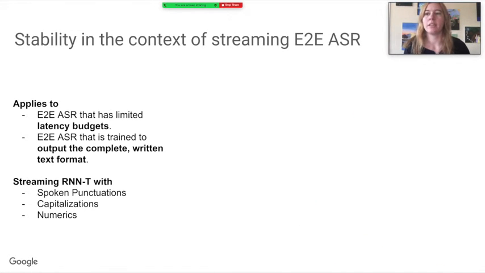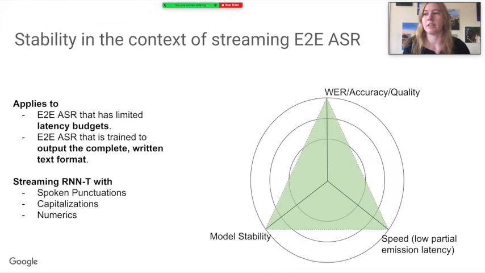We explored the idea of stability in a framework in which we optimized for an end-to-end ASR system. We operated within three general constraints: word error rate or accuracy, model stability, which we've defined, and speed of partial emissions, in other words, the time between partial emissions.